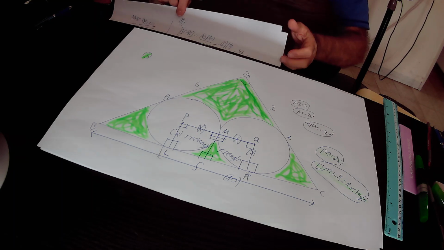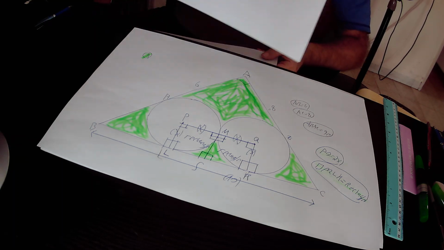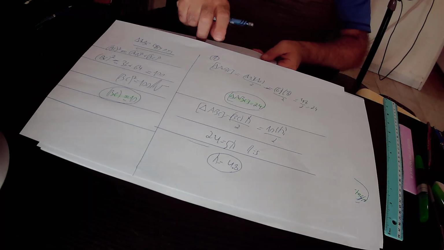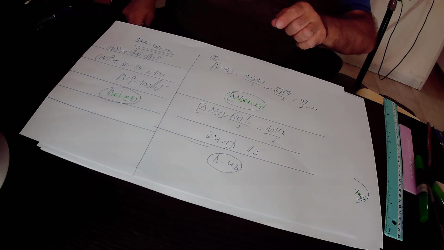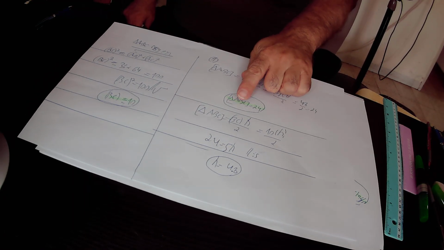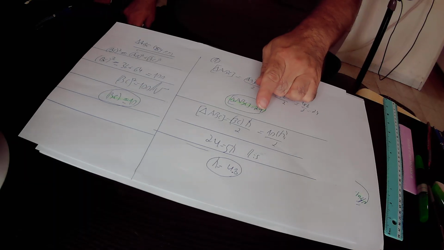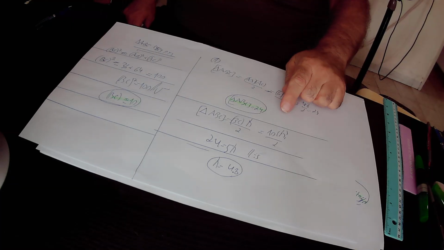And again, the area of the triangle ABC equals the base BC times the height to the base, which we defined as h, over 2.